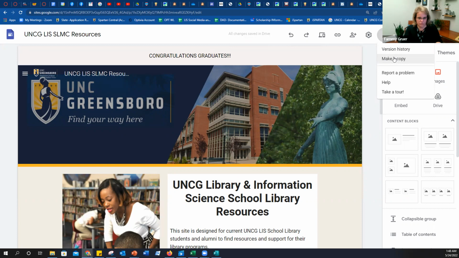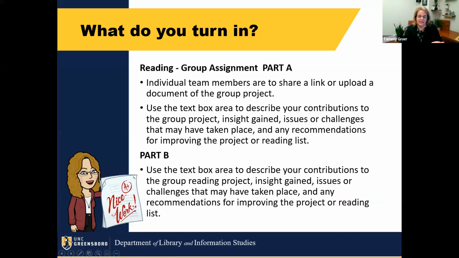When we're finished with our group project, I'm going to ask everybody to have your own copy of this so that you can edit it and add to it yourself. You may want to add your final passport to multicultural literature in your log. That's totally fine. You may want to link out to your award-winning assignment. Once it's a copy that belongs to just you, you're welcome to add those components and have all of your work in kind of one place.